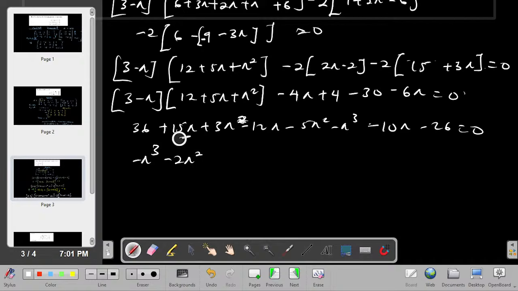So 15 lambda, then minus 10 lambda, right? Let me keep all the lambda. So plus 15 lambda minus 12 lambda. Then I'll also have minus 10 lambda, right? Then I'll have 36 minus 26, equal to 0.